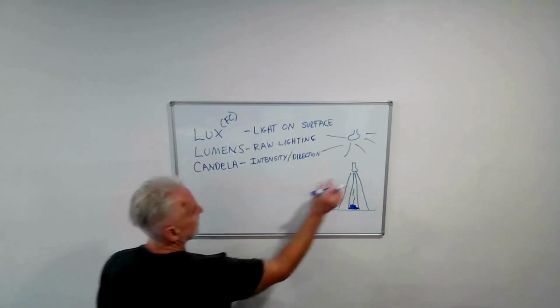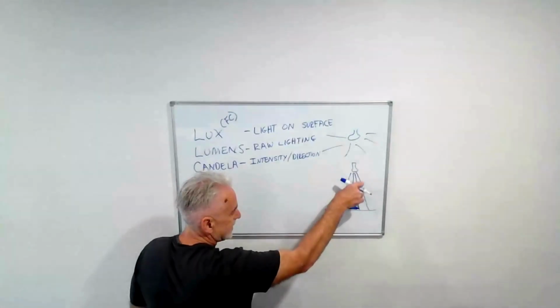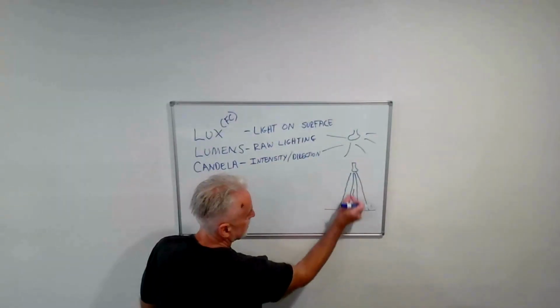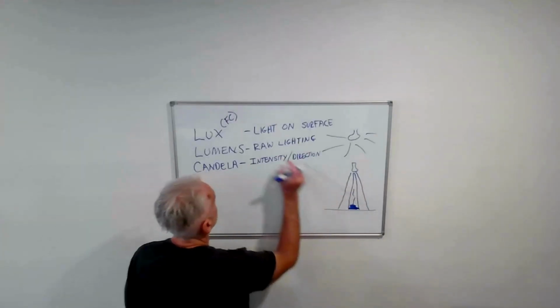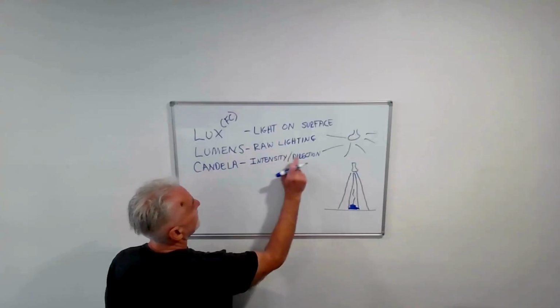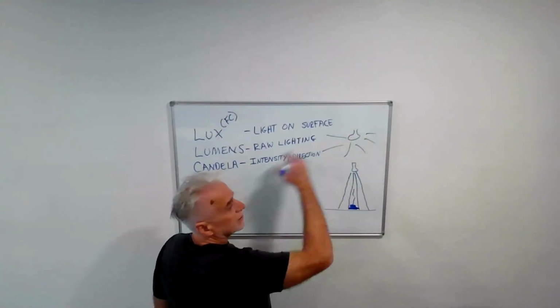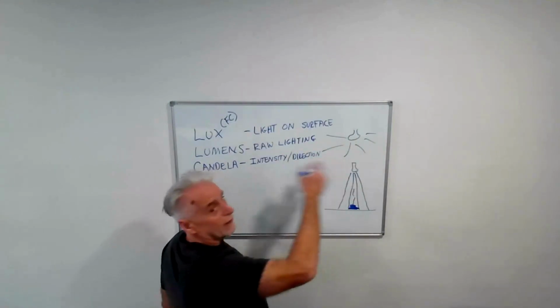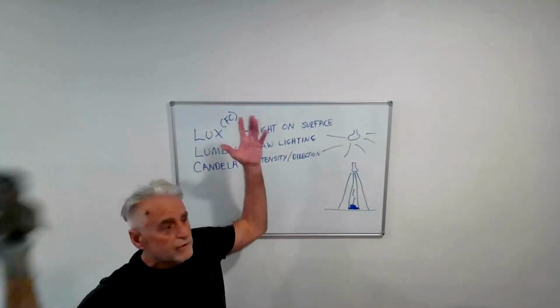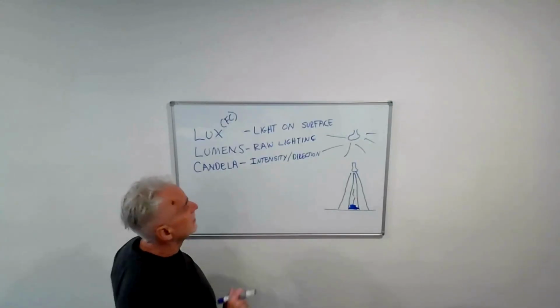Most of the candelas on this lamp here are directed down to form this tight beam of light. The candelas and intensity on the A lamp is more soft and gushy, and it's everywhere. So it's just throwing light in all directions.